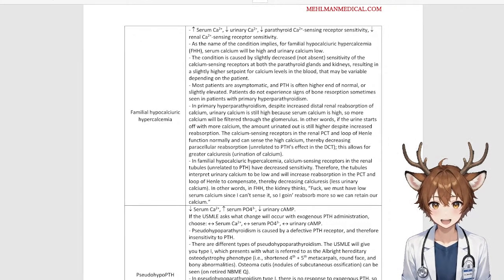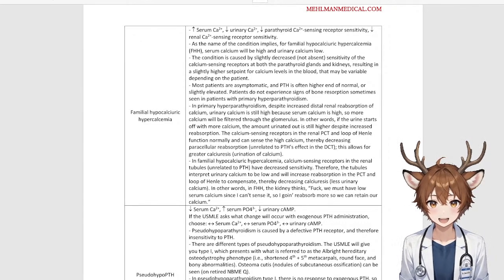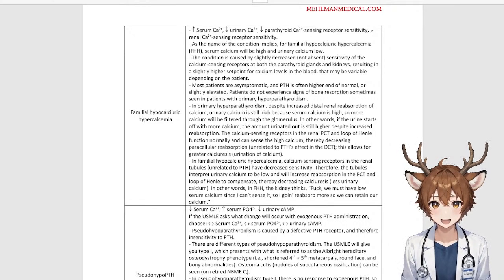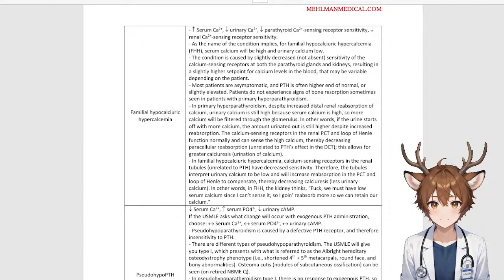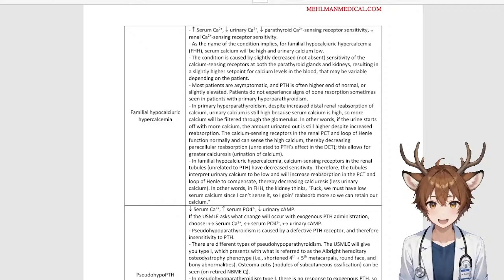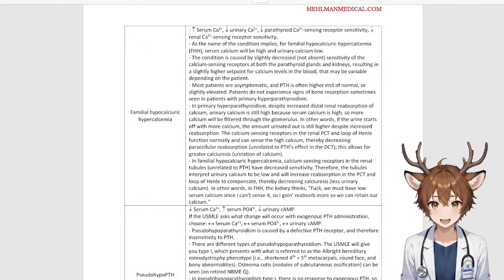Patients do not experience signs of bone resorption, sometimes seen in patients with primary hyperparathyroidism. In primary hyperparathyroidism, despite increased distal renal reabsorption of calcium, urinary calcium is still high because serum calcium is high, so more calcium will be filtered through the glomerulus.